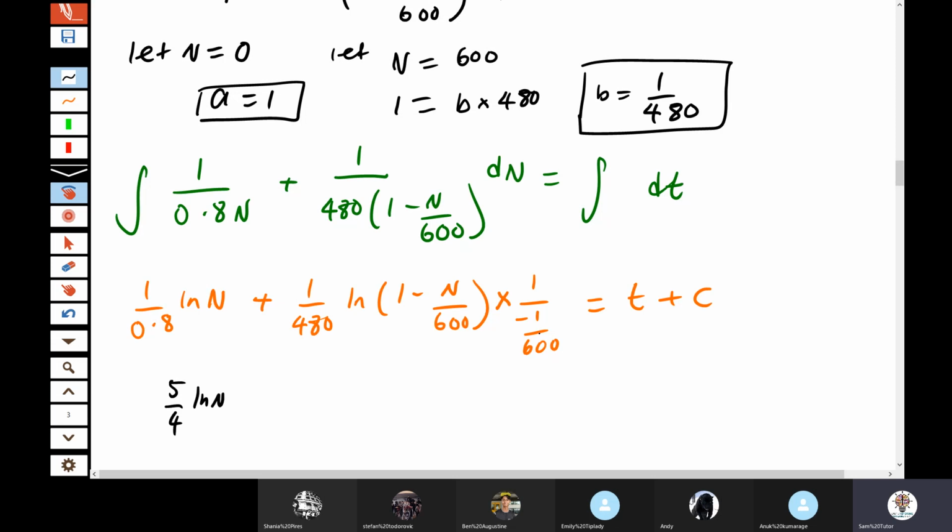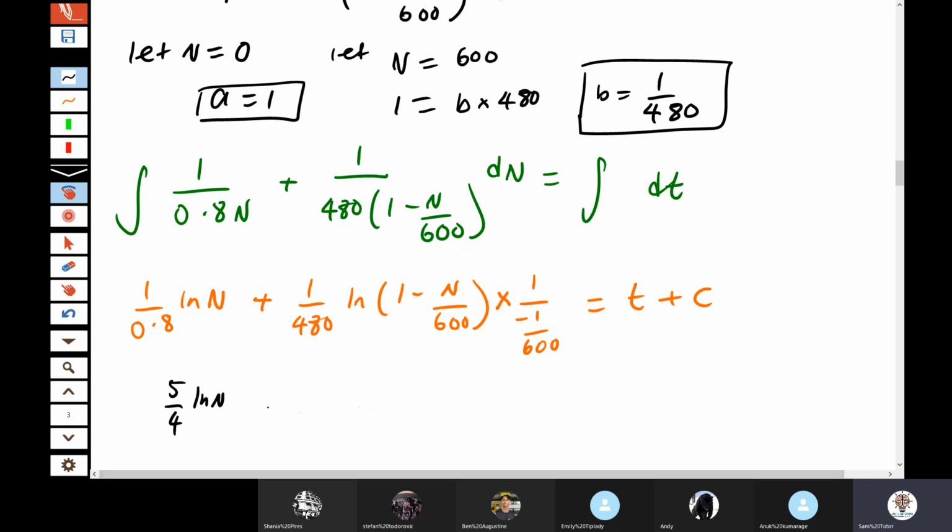Negative 1 over 600, and then flipping that, times it by 480, is negative 288,000. And then... no, sorry, I multiplied. It should have been 600 divided by 480.